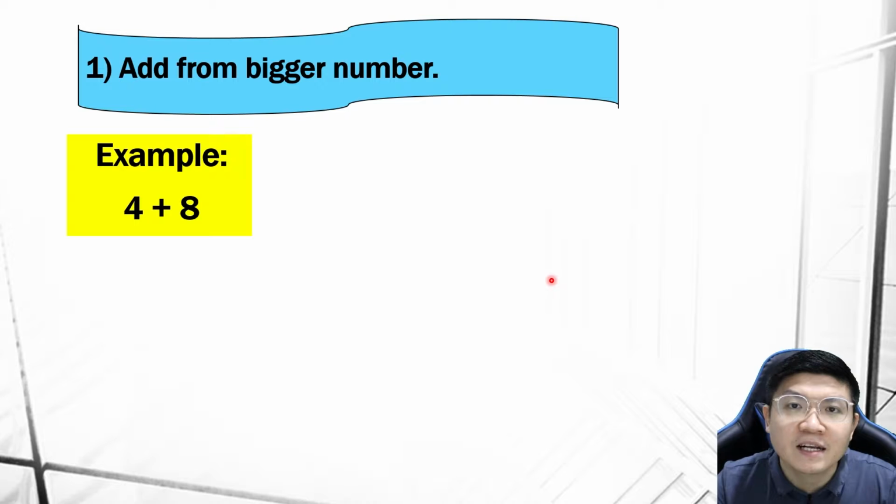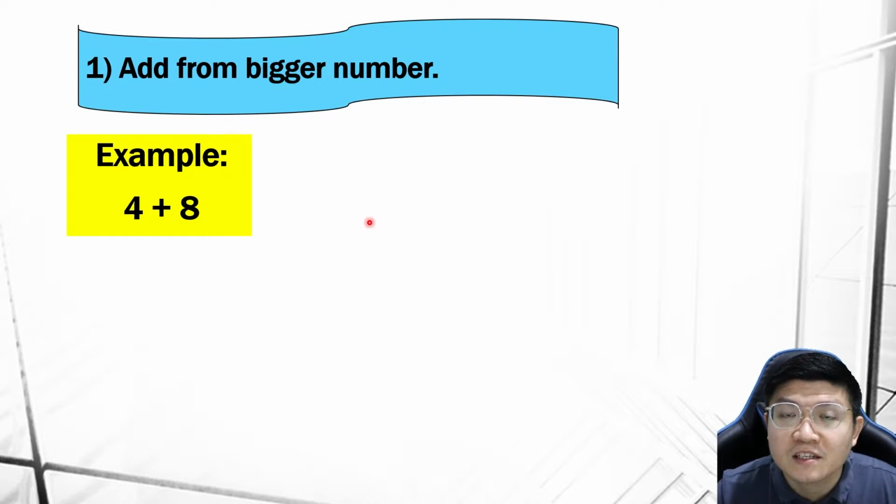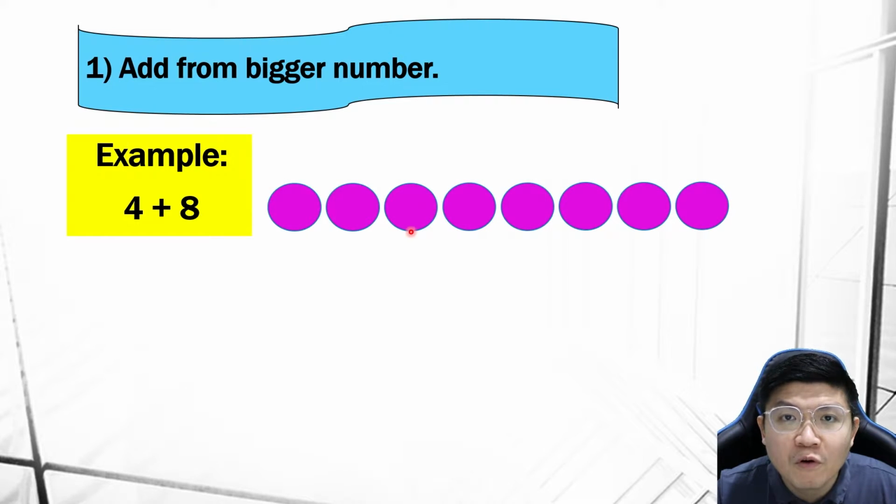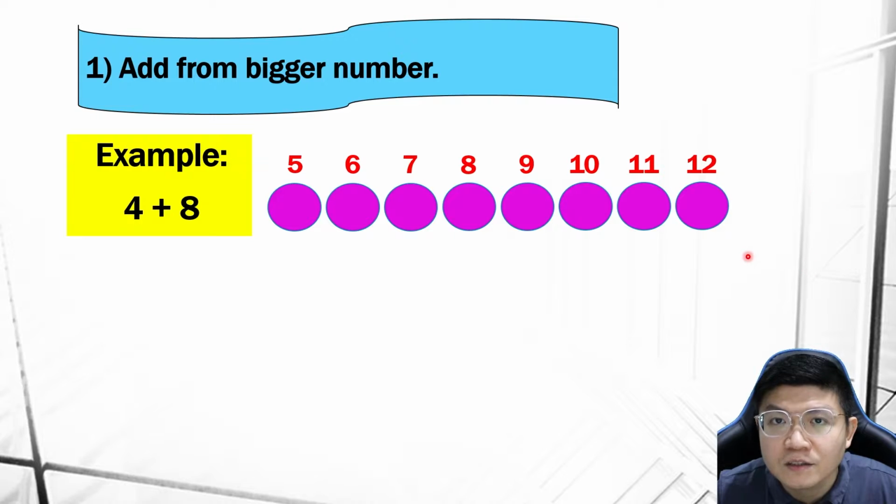Now, I'll be giving you an example, 4 plus 8. If you are doing addition this way, 4 plus 8, you definitely will imagine there are 4 pictures there. So you start to count after 4, which is 5, 6, 7, 8, 9, 10, 11, 12. Yes, I get the answer, 12.